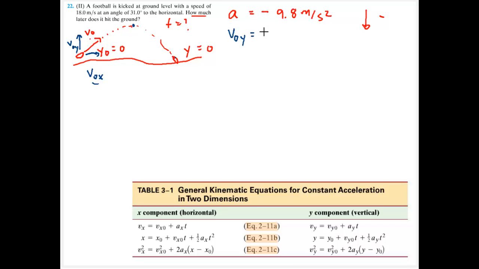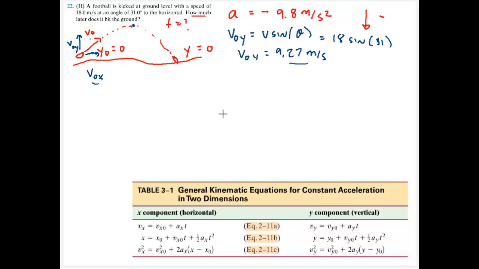That is simply going to be equal to the velocity multiplied by the sine of the angle that it's kicked at. That's 18 multiplied by the sine of 31, so v0y is going to be 9.27 meters per second.